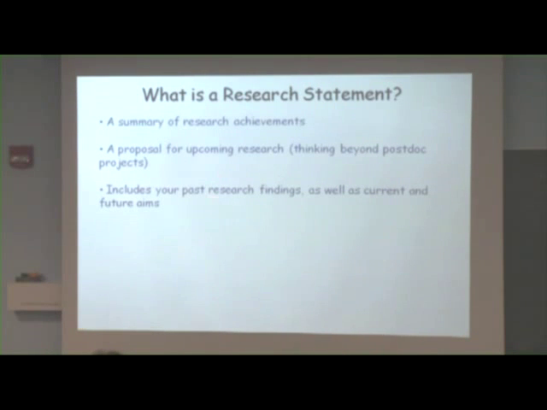Now, in terms of your past and current findings, right? So if you are a postdoc, you can certainly choose to talk about what you did as a graduate student, okay? Of course, if you're a graduate student, then you're limited to that, okay? If you are a faculty member, for example, then you don't need to talk about what you did as a graduate student. You really don't need to talk about what you did as a postdoc either, but you focus more on what you're doing now as a principal investigator, okay?